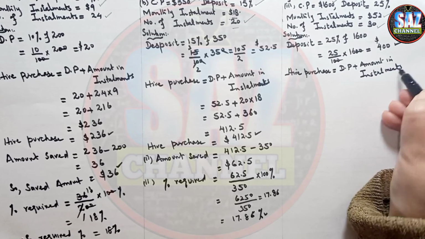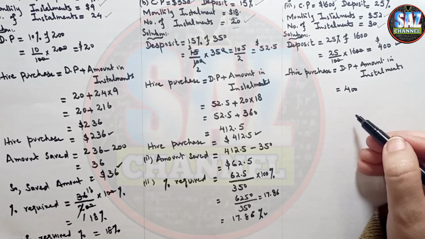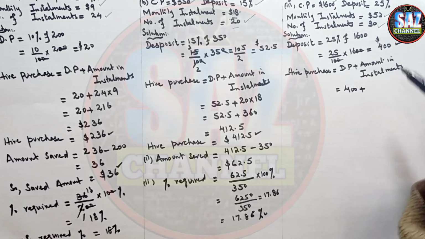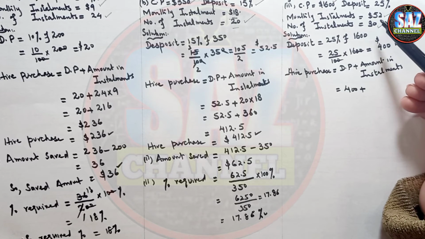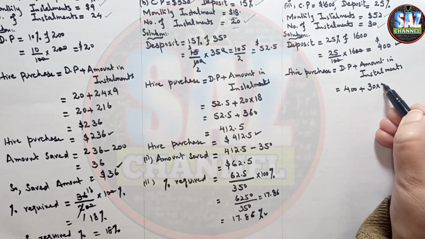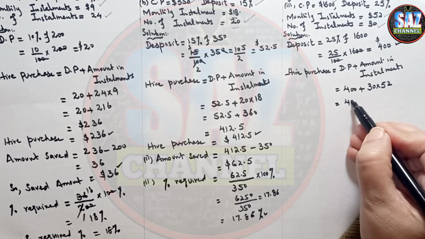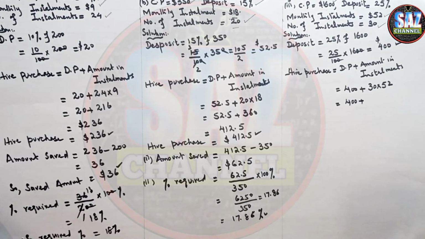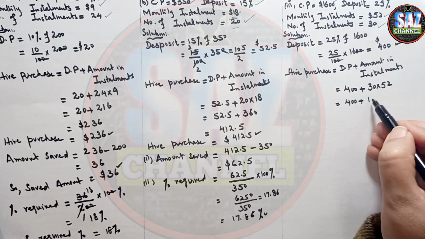Now I have to replace down payment 400 plus I have to pay a total of 30 installments, and each installment has a value of 52. So 30 multiplied by 52 will give me the total amount that I have to pay in form of installments. 30 multiplied by 52, and that will give me 1,560.